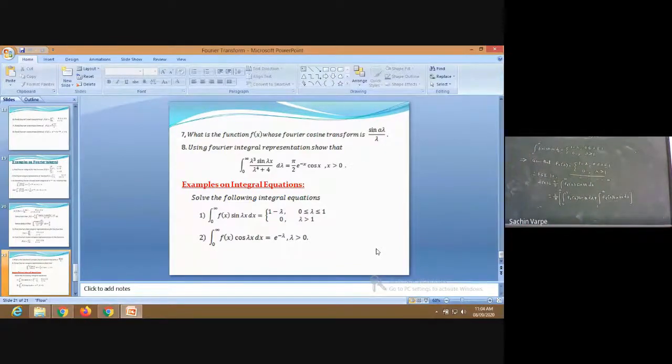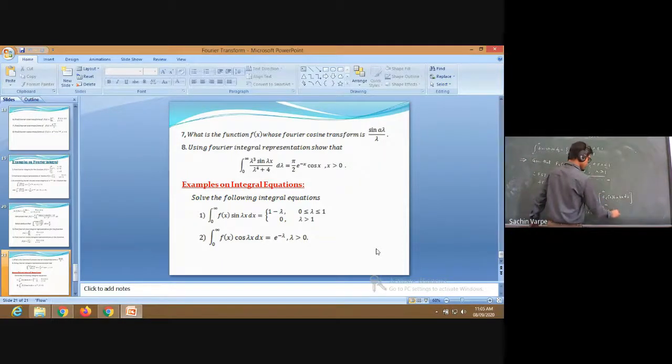Is it okay? Now substitute the given function. Fs of lambda on 0 to 1 is given to be 1 minus lambda, so substitute 1 minus lambda here. So 2 by pi times integral from 0 to 1 of (1 minus lambda) sine of lambda x d lambda, plus integral from 1 to infinity where Fs of lambda is given to be 0.